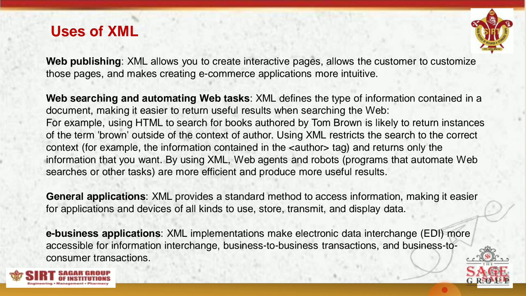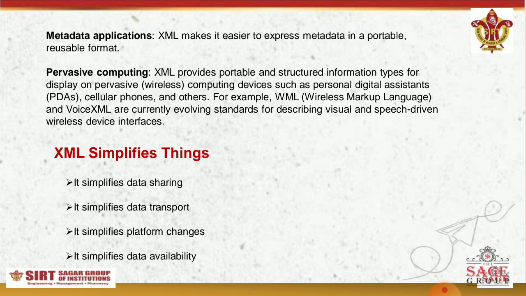E-commerce and e-business applications: XML implementation makes electronic data interchange, EDI, more accessible for exchanging information, business to business and business to customer. Metadata applications: XML makes it easier to express metadata in a portable, usable format.